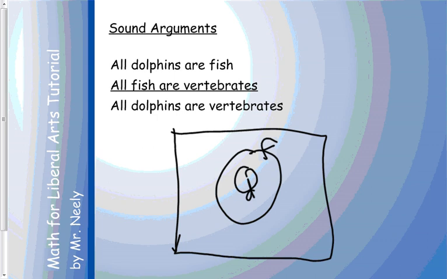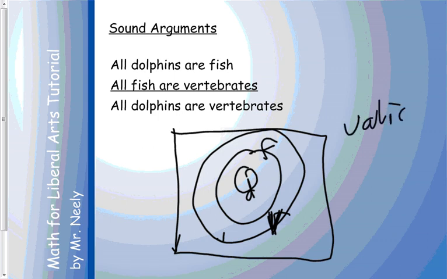So what it means is that there has to be a big circle that contains the fish circle. So this one's a little tricky, but this is vertebrates, so this should be a V. So I need a big circle around everything, which is the vertebrate circle. So from this, the conclusion does follow, because if you're inside the dolphin circle, then you're also inside the vertebrate circle. So this is a valid argument.